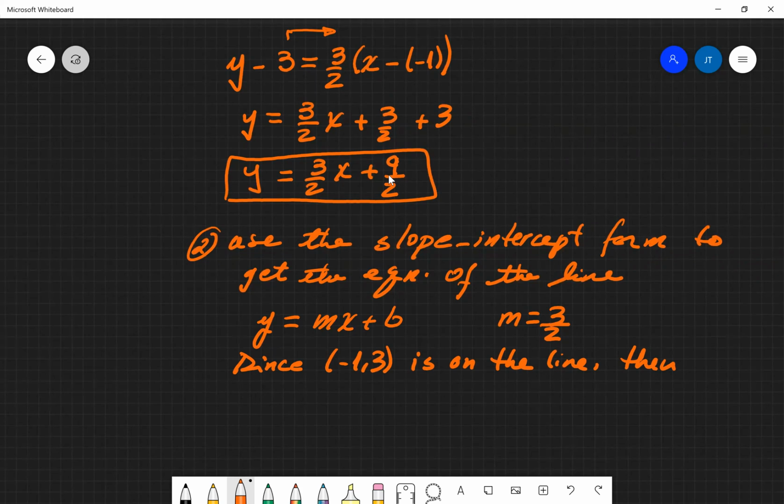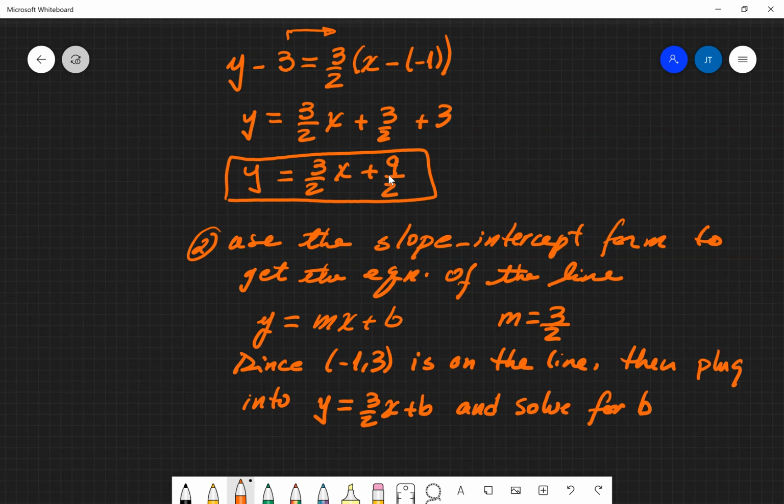So let's plug (-1, 3) into y = 3/2 x + b and solve for b. That's our only unknown, because y is 3 and x is -1.